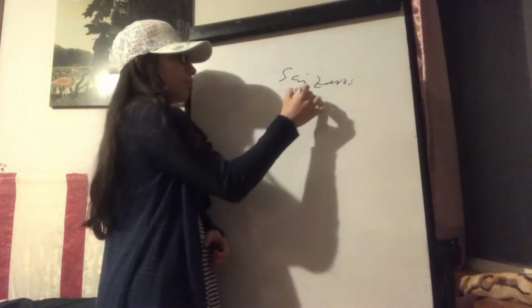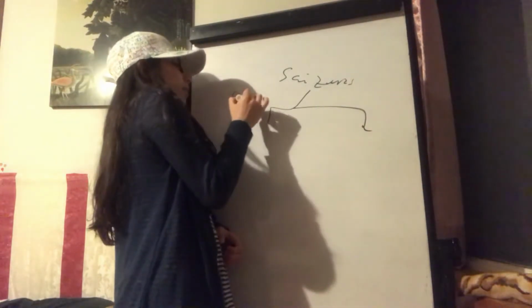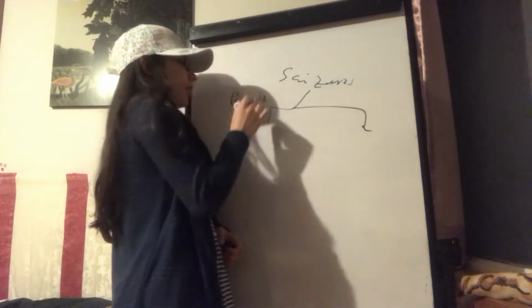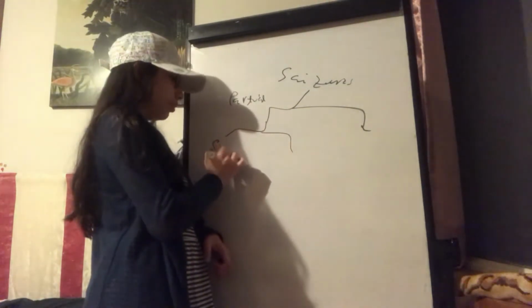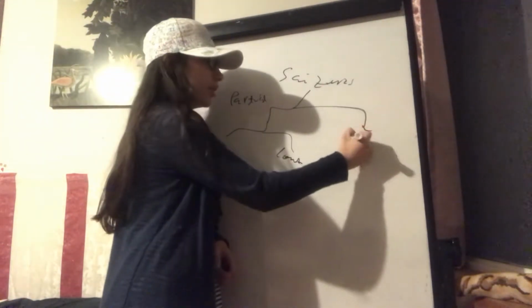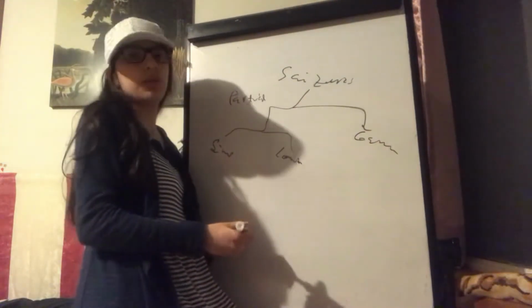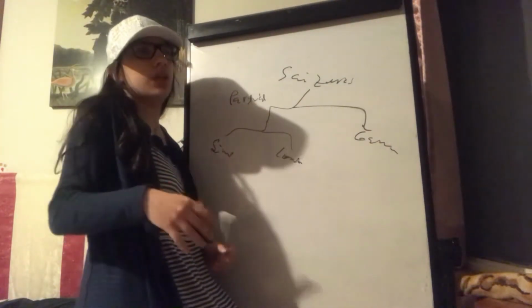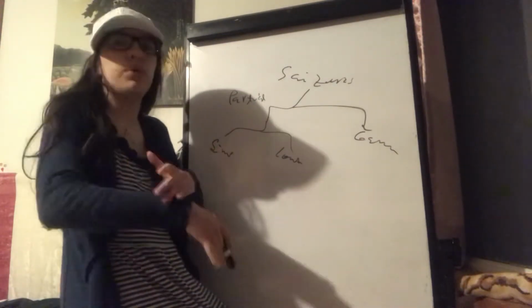So the seizures could be divided into focal or partial, and the partial itself could be divided into simple or complex, and the other type is generalized. In the partial or focal, the patient presents with the seizure, whatever it may be, but it's just involving one part.